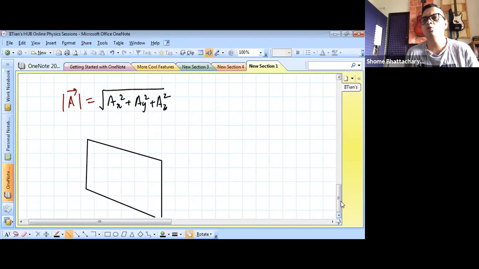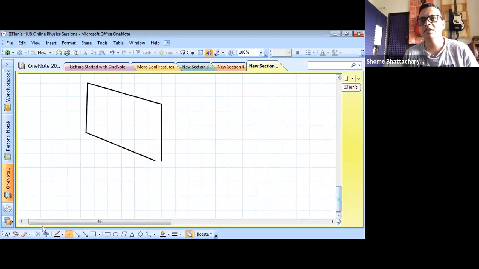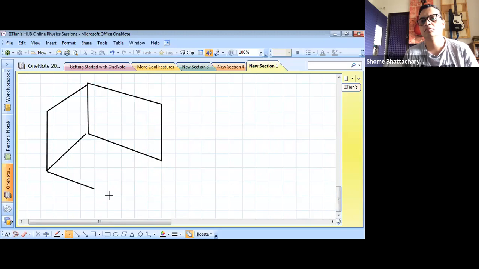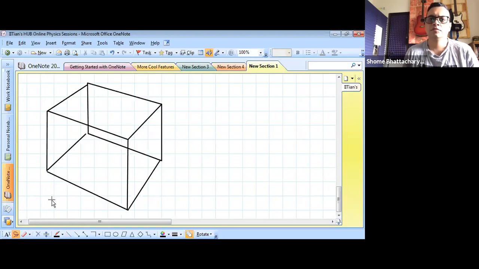Once again, if you imagine the cuboid, which has the given side lengths, right?